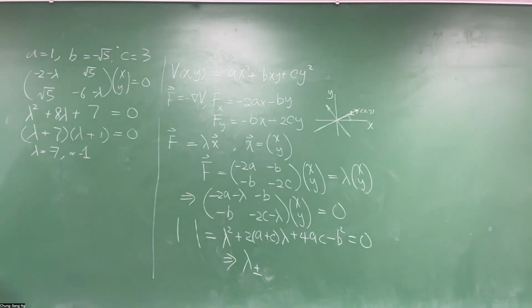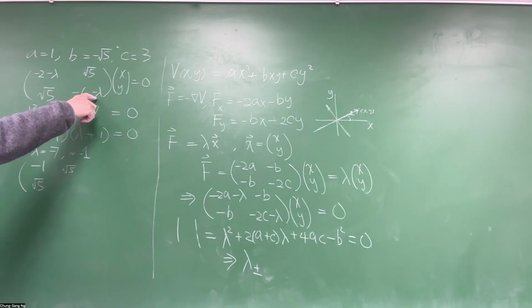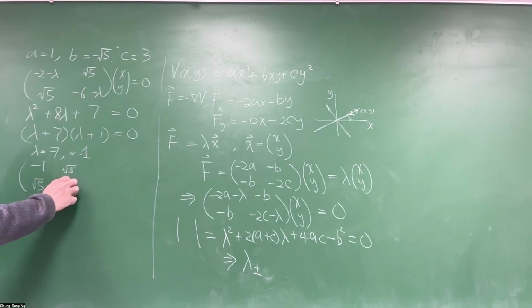Now, the eigenvalues are this. For the eigenvectors, you just put them back. I think your textbook solves for -1 first, but it doesn't matter. So you're putting this back here, so the equation becomes -1, -2, -1 plus 1 is -1, and 5, minus 6 plus 1 is -5.